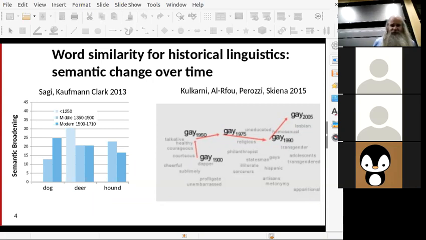On the left-hand side here, we've got three words, dog, deer, and hound, okay? And linguists have looked at the use of these words over time, okay? And actually looked at how many different types of animals they actually cover.